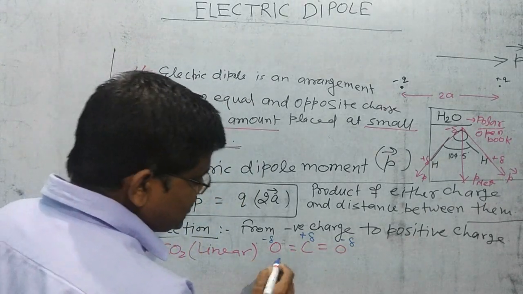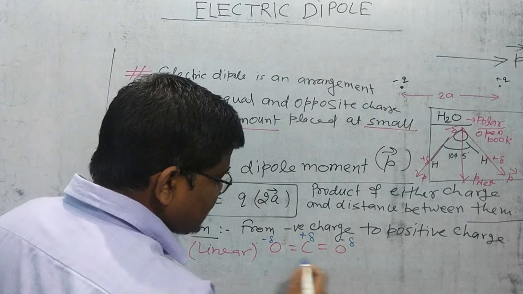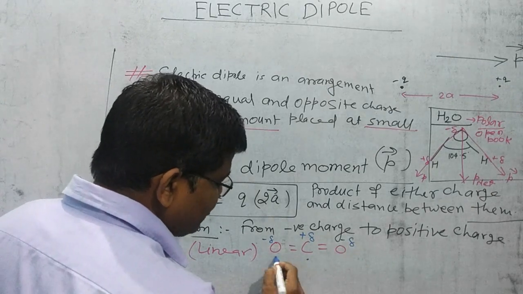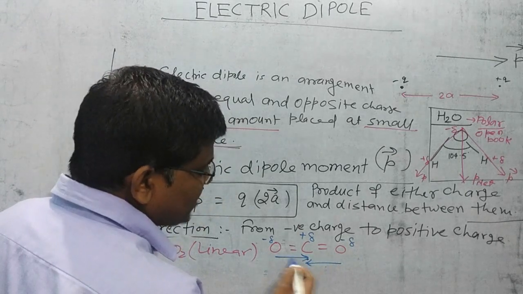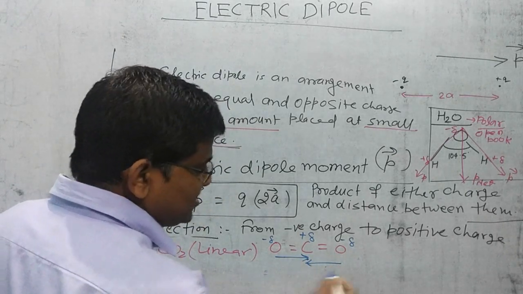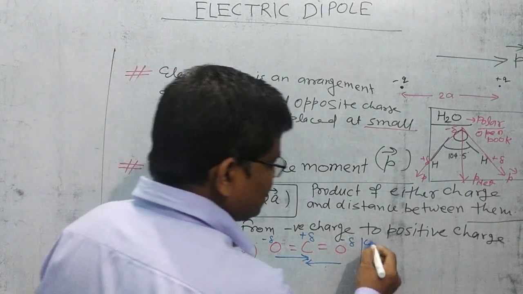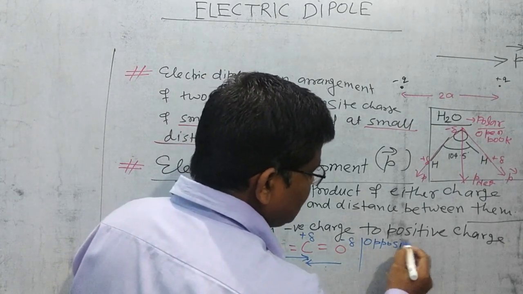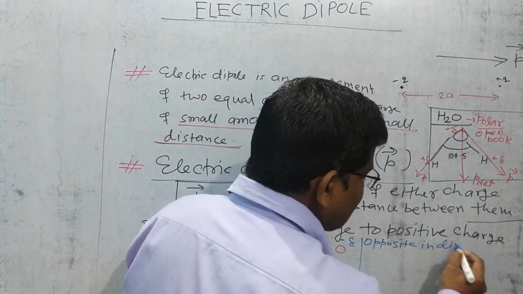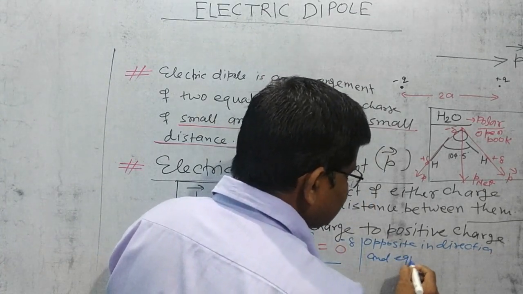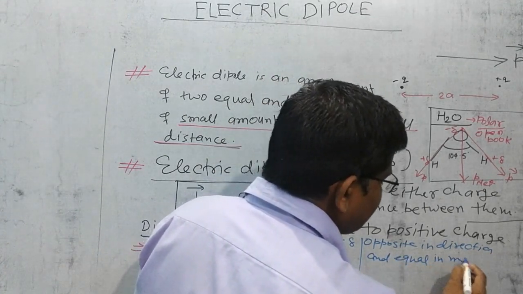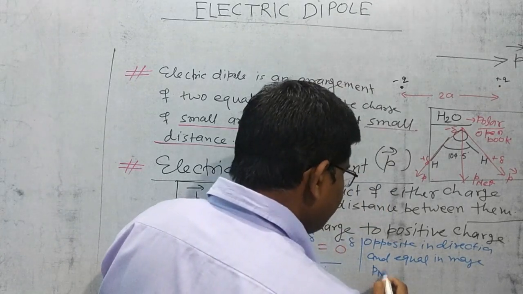The dipole is from negative to positive, and this one is also negative to positive. Both are equal in magnitude and opposite in direction. Hence the net dipole is 0.